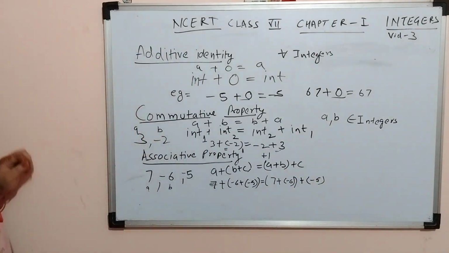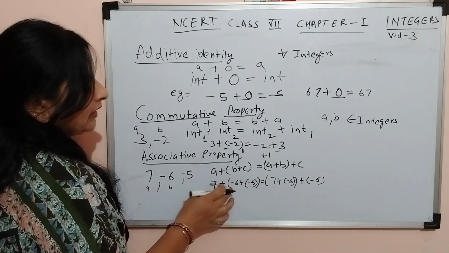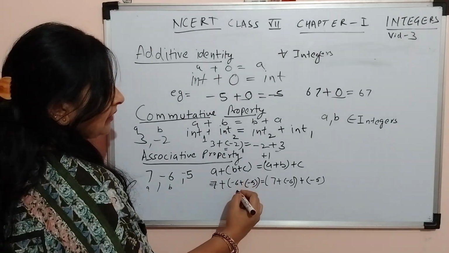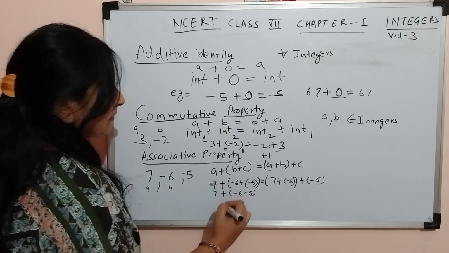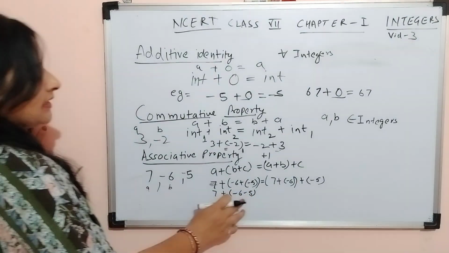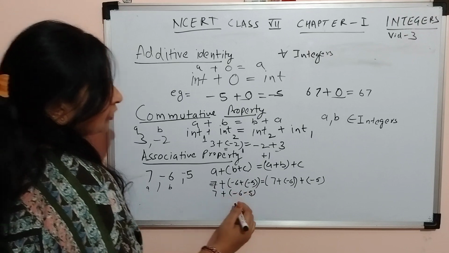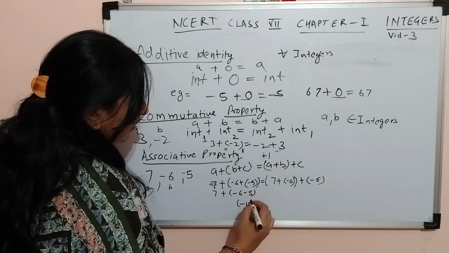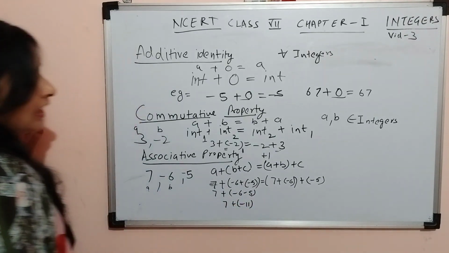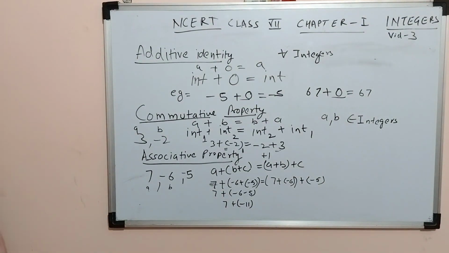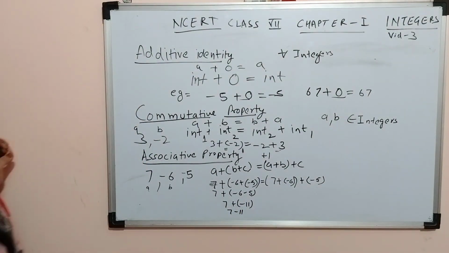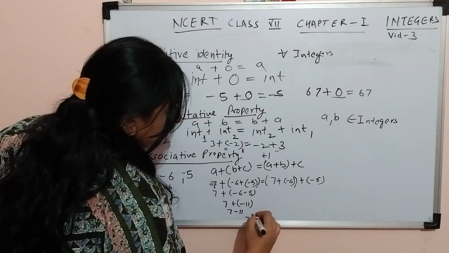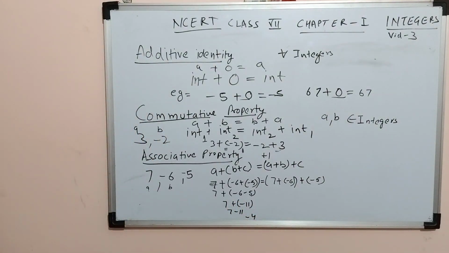First we will solve the bracket. Plus and minus will be minus, so minus 6 minus 5, and 7 plus will remain as it is. Minus 6 and minus 5 is equal to minus 11, plus 7. Again plus and minus will be minus, so that will be 7 minus 11, which is equal to minus 4. So on the left hand side we have got minus 4.